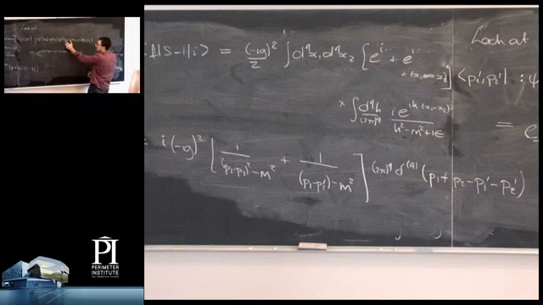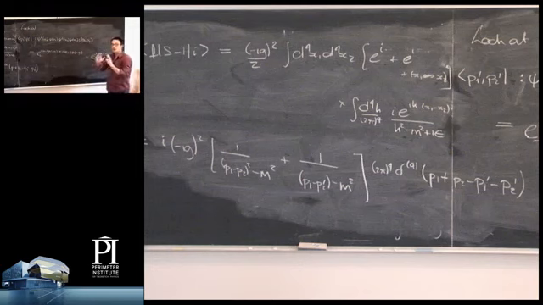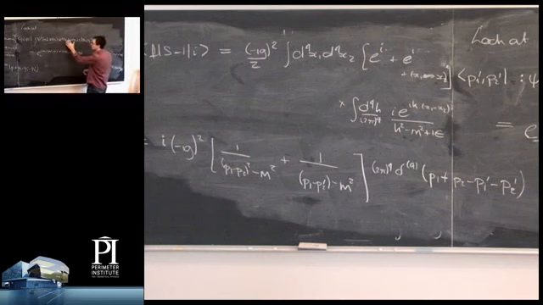The game is to then move the B operators, the annihilation operators, from this expression through those two B dagger operators that come from the vacuum. Let me say it another way. If you take an annihilation operator and hit it on the vacuum, you get 0 because it takes away one particle. But this state had two particles in. So the two annihilation operators from here will just take away these two particles and leave you with the vacuum. It won't kill it, it will just take you down to the vacuum.